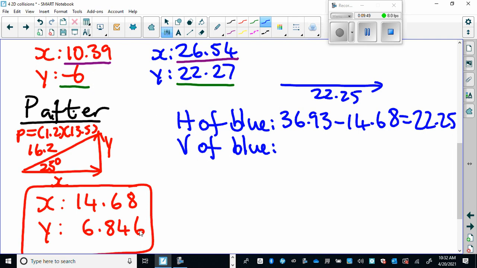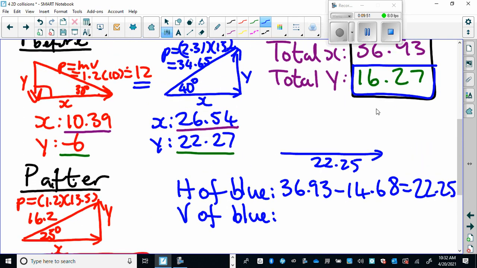So the blue is just going to be the 16.27 minus the 6.846, and it gives us a positive number, which should be somewhat of a surprise to you, maybe, maybe not. In other words, the blue ball is actually going up too. It has a positive value.